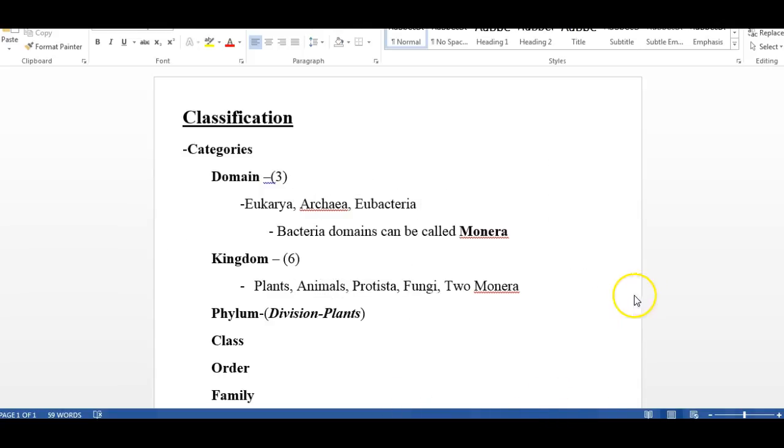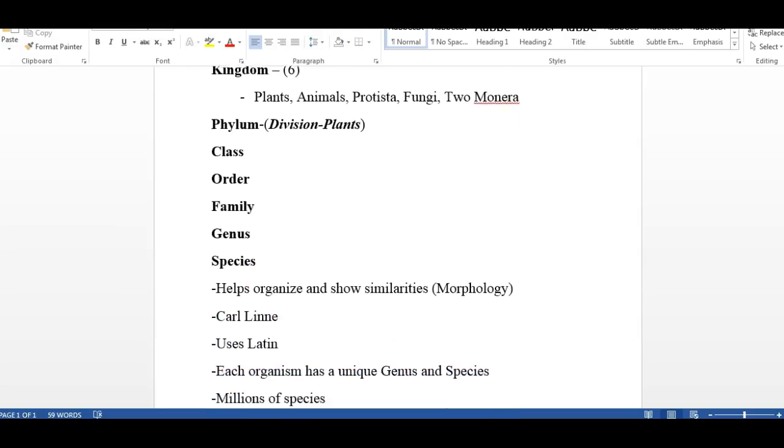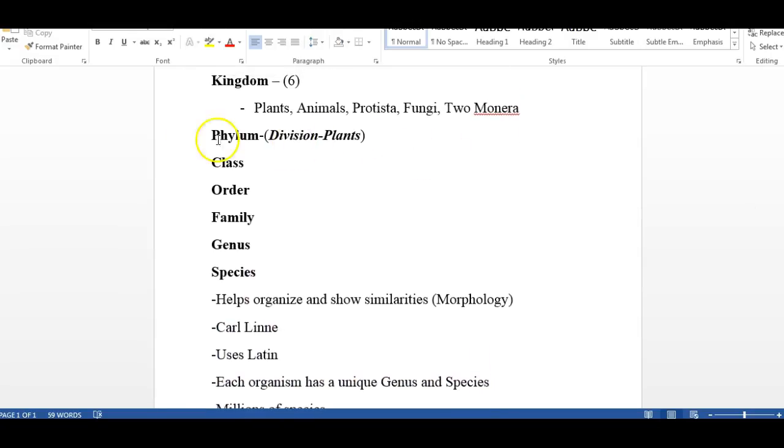Let me erase that there. When we start looking at each one of these organisms, we're going to look at, well, what's its phylum? What's its class, its order, its family, genus, and species? The ones that really define it are genus and species. So it's going to be one species that we look at for any organism, whether it's a grasshopper, whether it's a zebra, whatever it is, there's a species for it, and there's only one.